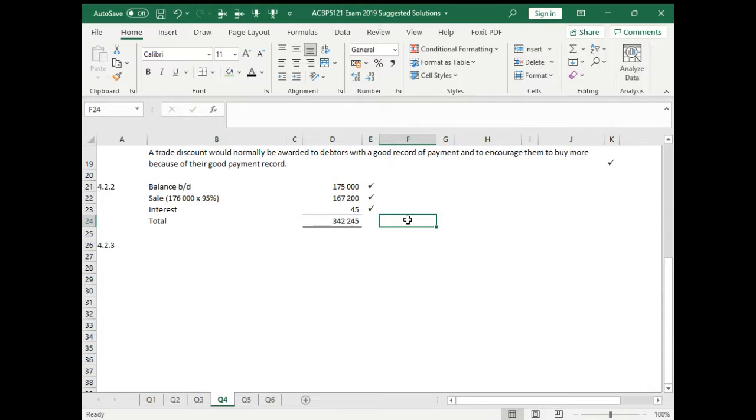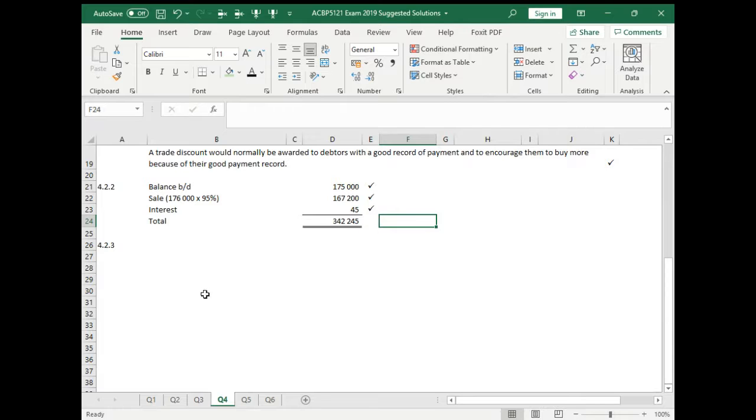Okay, then the next question: if we're going to write off this full amount, what account am I going to debit, and what account am I going to credit to reflect this in our accounting records? Now, we know Tembe is a debtor in our books, so we need to reduce the debtors control balance to 0.